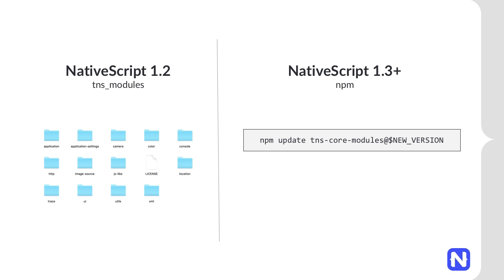Switching to NPM provides controls over dependencies. This change gives us the ability to easily update these modules and gives you the ability to utilize NPM for its management capabilities. So when migrating your NativeScript apps to 1.3 and higher, one of the first things you can do now is delete the tns_modules folder and add this dependency reference. This will make your project structure cleaner and much more manageable.